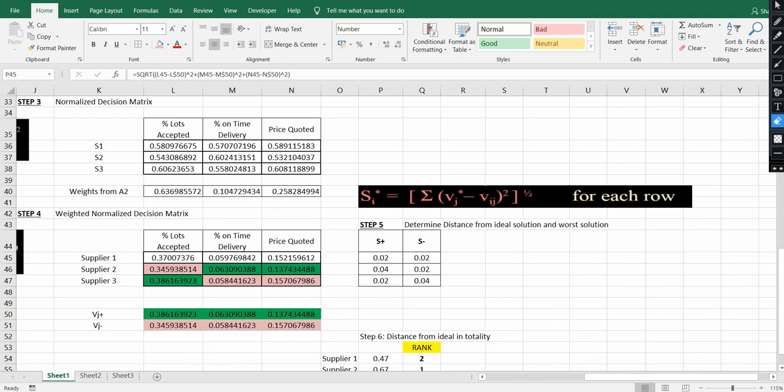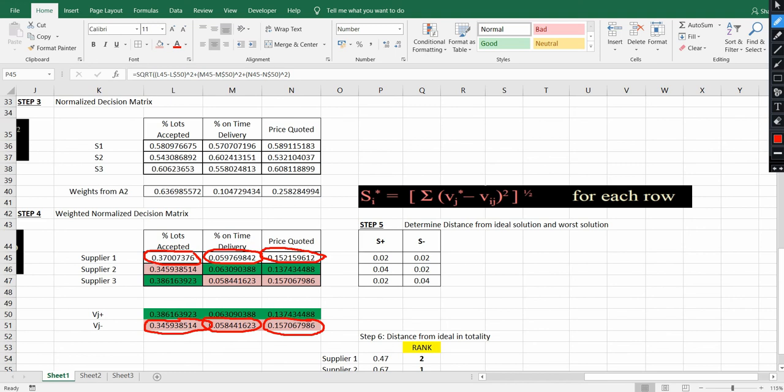And how to calculate S1 minus? It will be like the first value minus this value, that is Vj minus, square of this, okay, plus the second value minus the worst value, then square of this, plus the third value minus this value and then square of this.